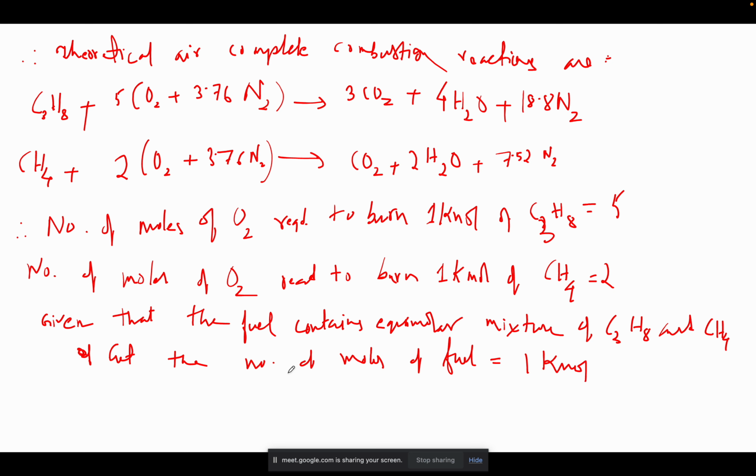Therefore, the number of moles of C3H8 is equal to 0.5 kilomole, and the number of moles of CH4 is also equal to 0.5 kilomole.